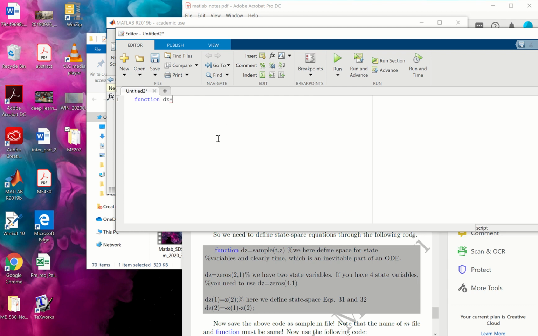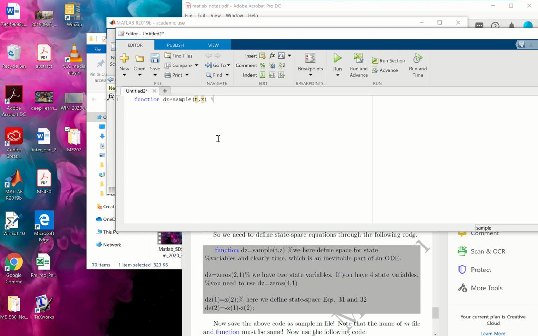Now you can name this function whatever you want. For example, I say sample. You can name it, I don't know, Jackson, whatever, okay? So t, what are the variables in the differential equation? Time and derivative. So we have t and z, the state variables. Always you have to do that, okay?